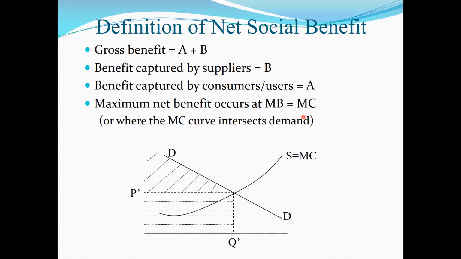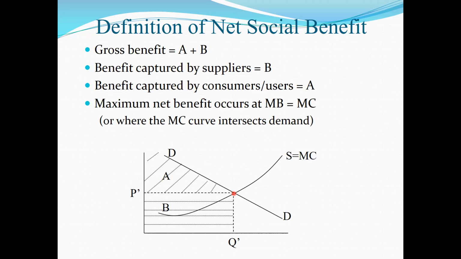The gross benefit is A plus B, where B is the benefit captured by the supplier, because that's the money that they get from the consumer. And then the benefit captured by the consumers or the user is defined by A. These P prime and Q prime are simply the price and quantities that happen at that intersection of the supply and demand curves.